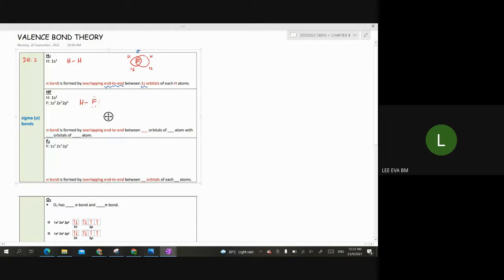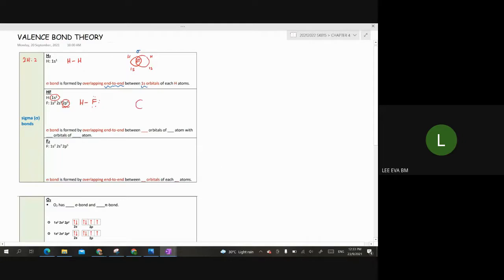Looking at the electronic configuration, for hydrogen we are using 1s. For fluorine, what do we use for overlapping? Where do you have one unpaired electron inside fluorine? 2p. You can see here 5, maximum 6. So we know we take 2p to do end-to-end overlapping.